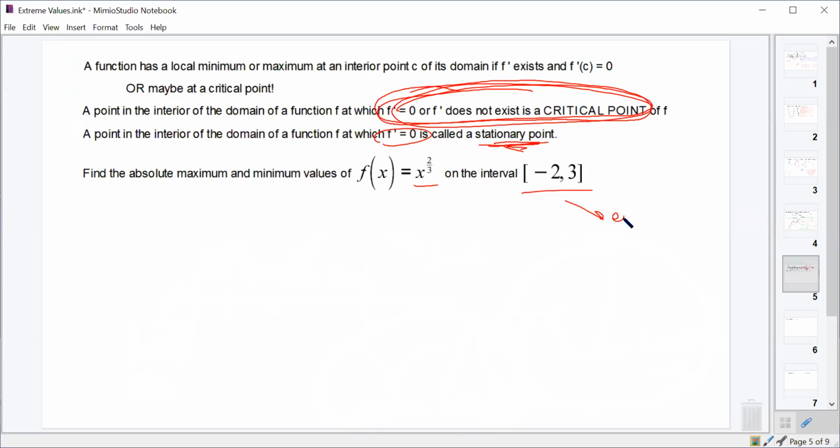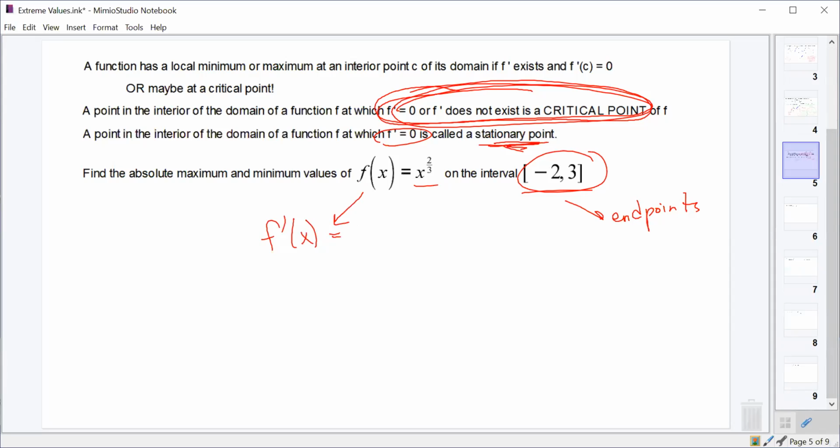Well, here's the first one. There's the endpoints. We might have an absolute max or an absolute min at one of the 2 endpoints. We also might have it anywhere where the derivative is 0 or where the derivative is undefined. So let's find out what f prime of x is. What is f prime of x? Two-thirds x to the -1/3.